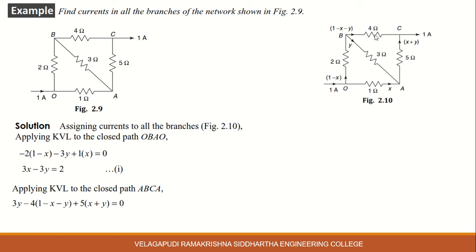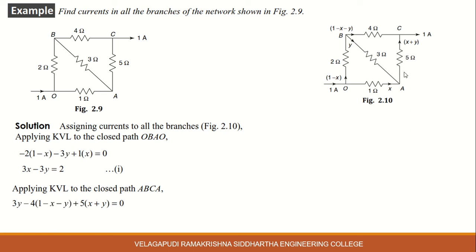Again the voltage drop across the 4 ohm resistor. The current through the 4 ohm resistor is 1 minus X minus Y, higher potential to lower potential, so the negative sign: minus 4 into (1 minus X minus Y).